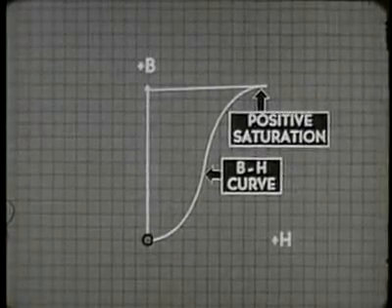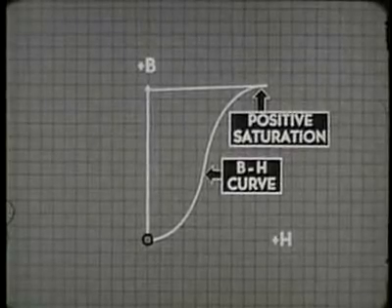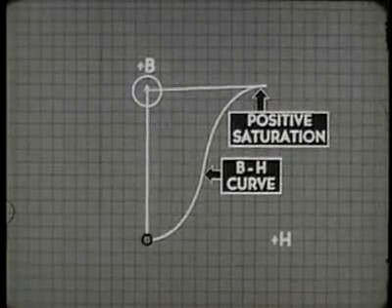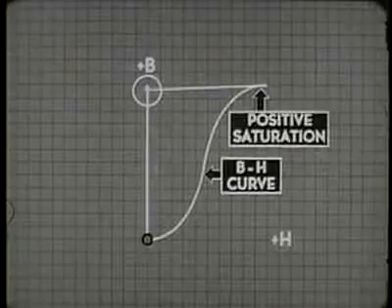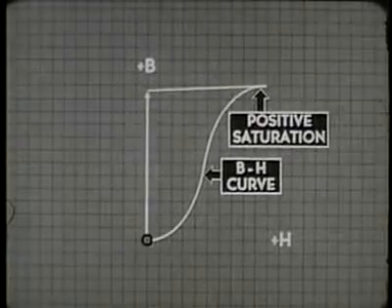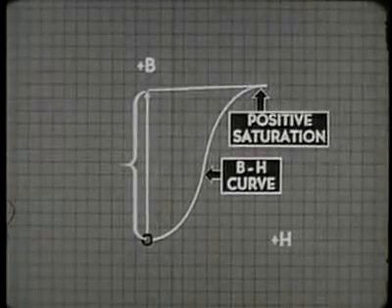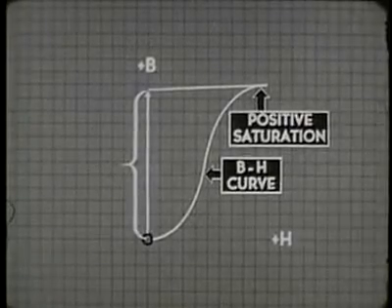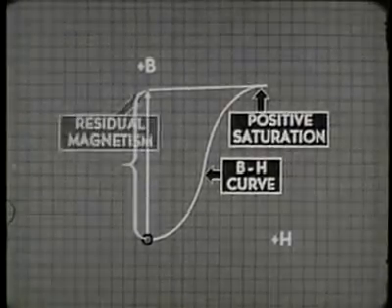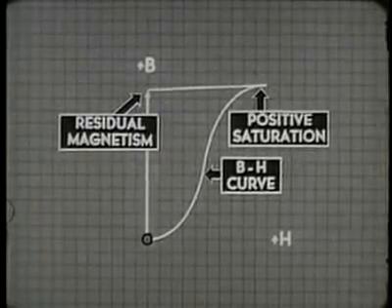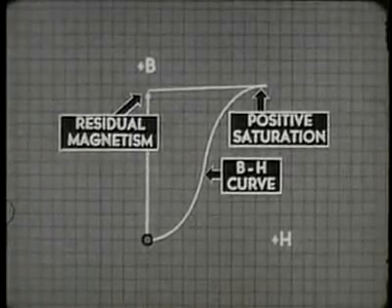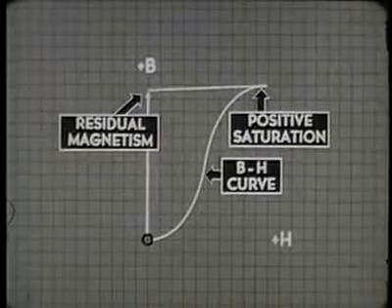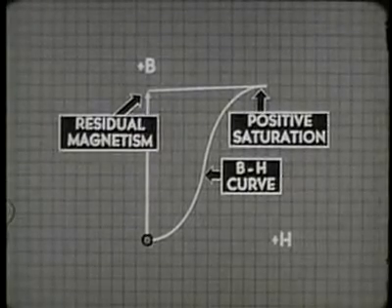Watch the difference in flux density on the vertical scale near the plus B. It's negligible. This, then, is the amount of remaining magnetism. This amount is known as the residual magnetism of the core material. The magnetism that remains after the force that brought it about is removed.